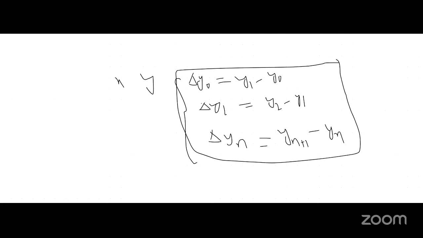And one more thing: this is delta y naught, and let's go to delta square y naught. Delta square y naught is delta y1 minus delta y naught. So from here we can write delta y1 as y2 minus y1, minus delta y naught, which is y1 minus y naught.